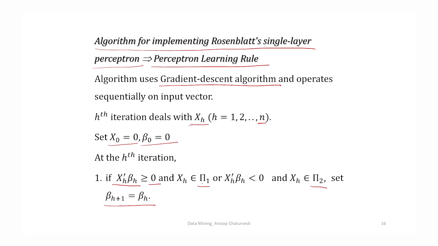Or x_h belongs to pi_2 and x_h transpose beta_h is less than 0, meaning you are classifying x_h in pi_2. Again your classification is correct because x_h comes from pi_2. So, in both of these cases, or in the case of correct classification at the hth stage, we set beta_(h+1) equal to beta_h.